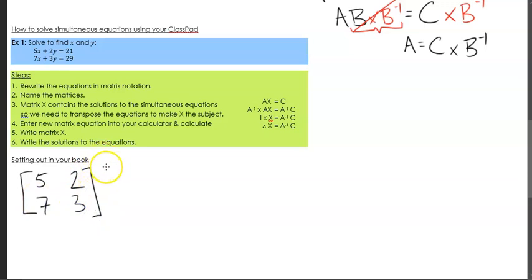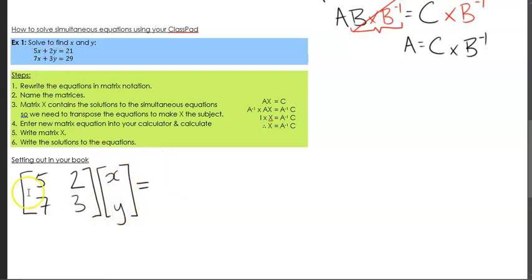The second thing I'm going to do is write a new matrix, which is just 2 rows, 1 column, and I'm going to put the letters that are associated with the numbers. In this case, it's just X and Y. Now right here, this is a multiplication. If I were to get the first row and multiply it with the first column, it will be 5 times X plus 2 times Y, which is actually what this sentence is saying here. And then again, I'll do it with 7 times X and 3 times Y, which is again what is here.